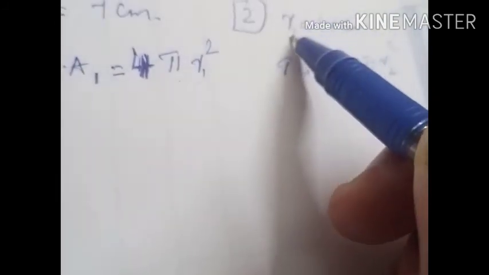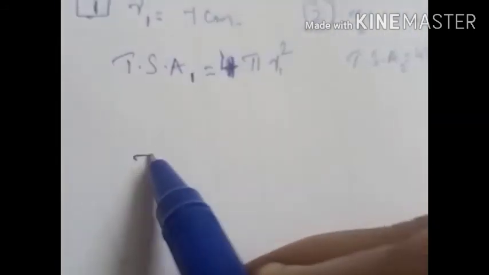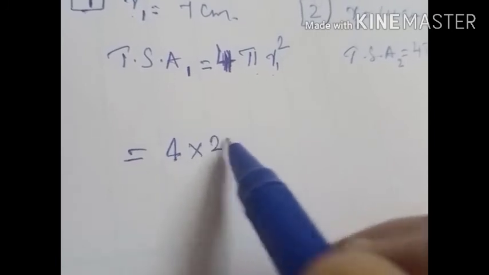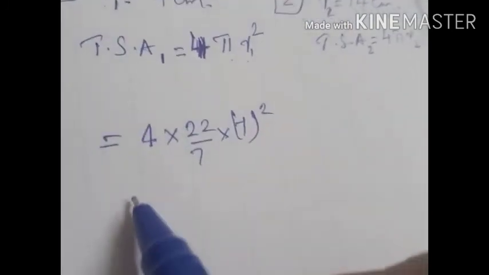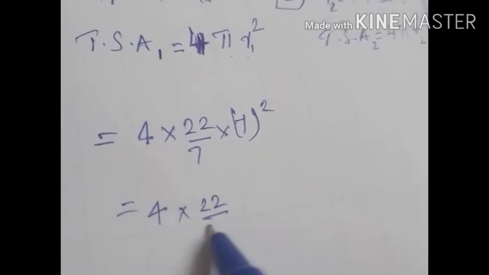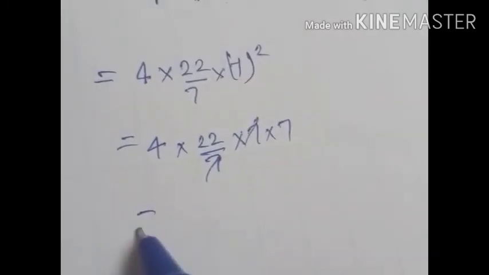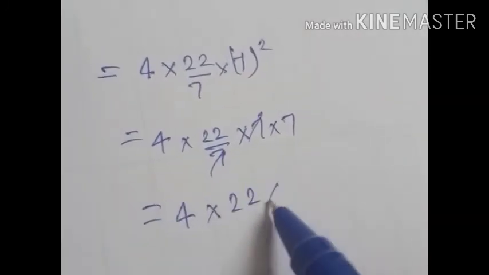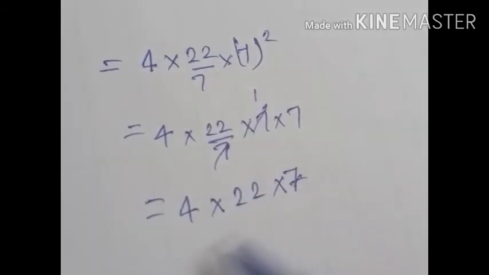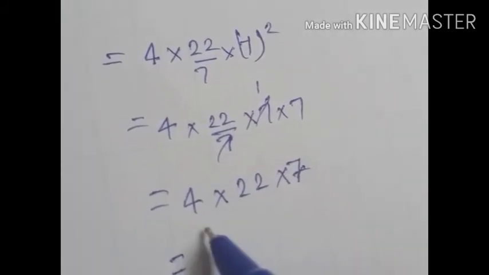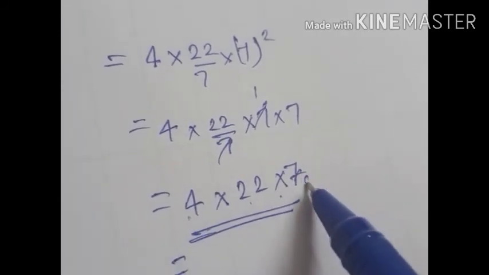Then we substitute the values: 4 into 22 by 7 into 7 square, that is 4 into 22 by 7 into 7 into 7. Simplifying, we get 4 into 22 into 7 centimeter square.